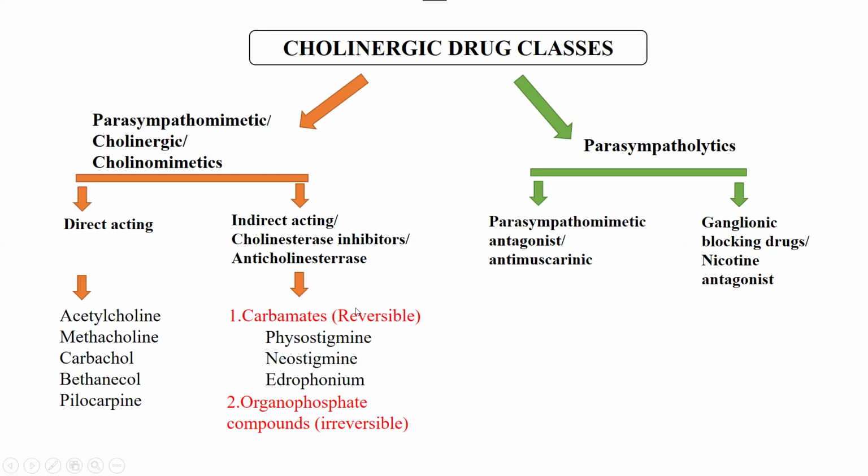If carbamates act, they can be reversed, but if organophosphate compounds are injected into the body or given orally and bind to these receptors, they will be irreversible. In carbamates we have physostigmine, neostigmine, and edrophonium.